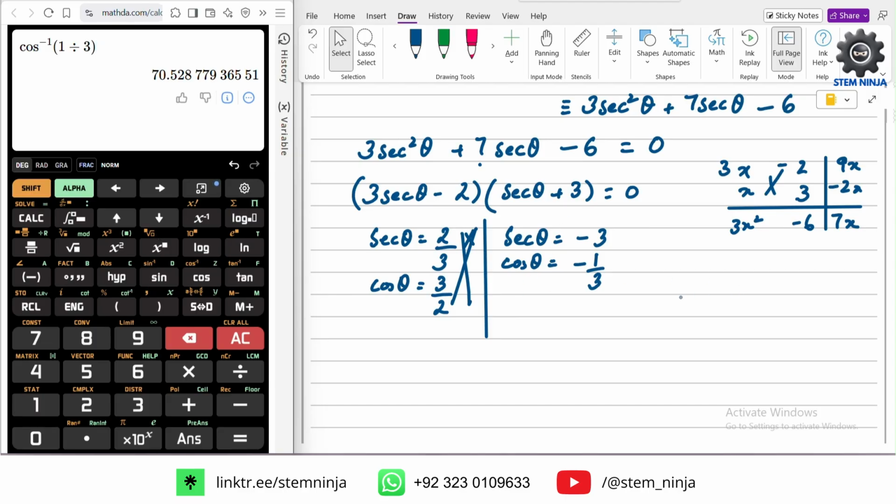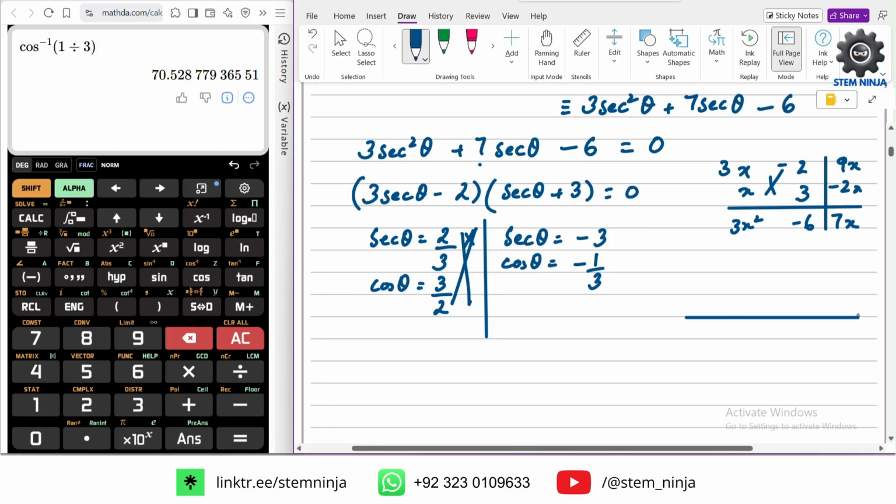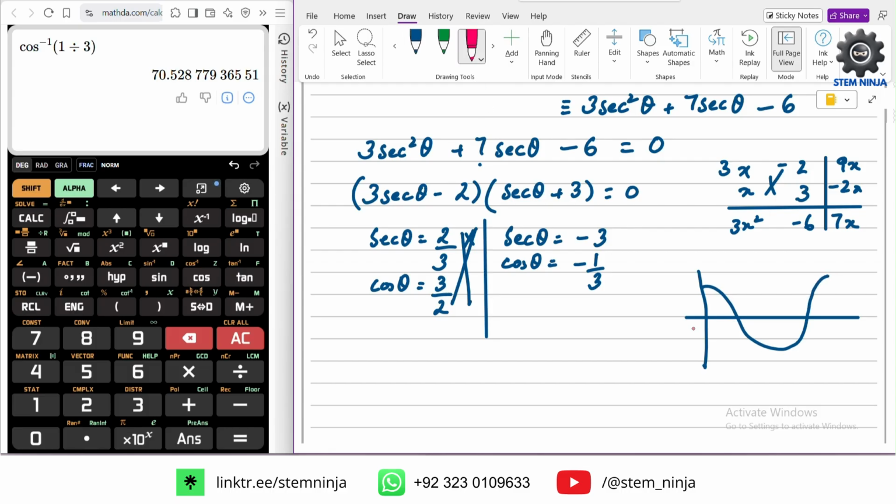So basically we know that the cosine graph goes like this. So the minus 1/3 will actually get us 2 solutions. You can use the cos diagram also. So cosine is negative in the second quadrant and in the third quadrant.